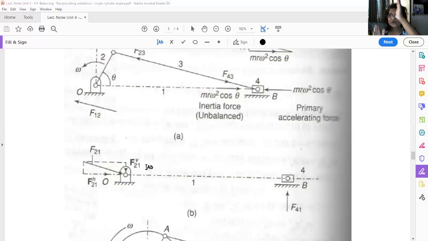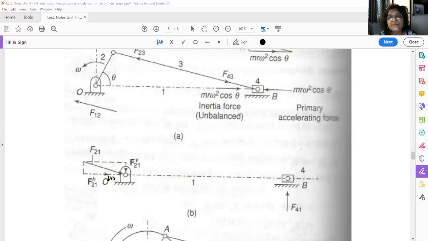So these two forces will form a couple in anti-clockwise direction, and this couple will try to shake the engine to jump, or to, you can say, unbalance the engine. So these two forces will form a shaking couple, so that your engine can jump or vibrate, basically.